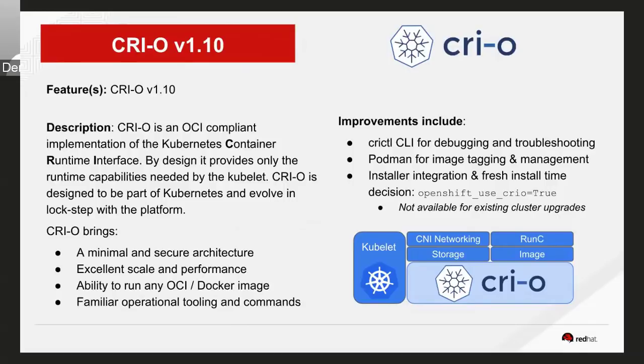At this time, the installer can allow you to install a fresh cluster using CRI-O when configured appropriately, and we encourage folks to check out CRI-O and provide more feedback on the runtime so we continue to improve and iterate. We're seeing excellent performance when running CRI-O, so we are running it ourselves in production in our OpenShift starter environments, and in general finding it to be a pleasant operational experience. With that, next slide.